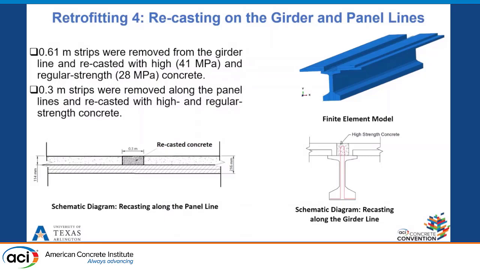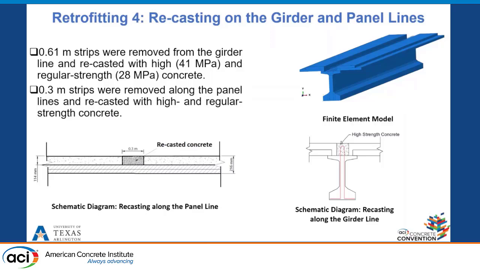Since the impact echo data showed the prevalent delamination on the girder lines, the deck on 2/3 of the top flange width of the girder, 0.61 meter wide strips, was removed and recast to improve the composite action and increase the system's stiffness. High and regular strength concrete with compressive strengths of 41.4 and 27.6 megapascals, respectively, were used.